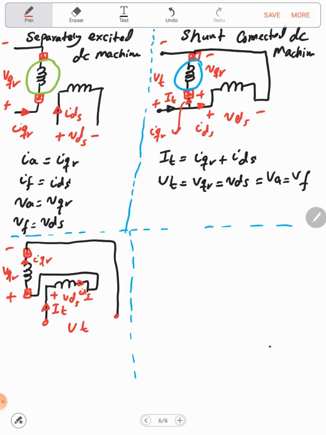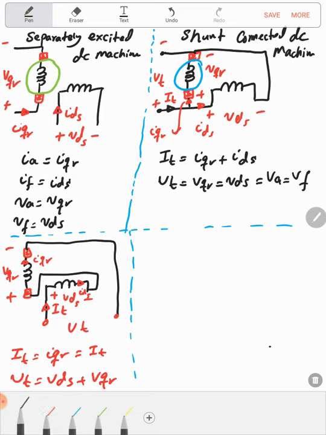Now here in the series connected, the I total will equal the IQR, which will equal the I terminal, and V total will equal VDS plus VQR, which will equal VA plus VF. This is the series connected DC machine.